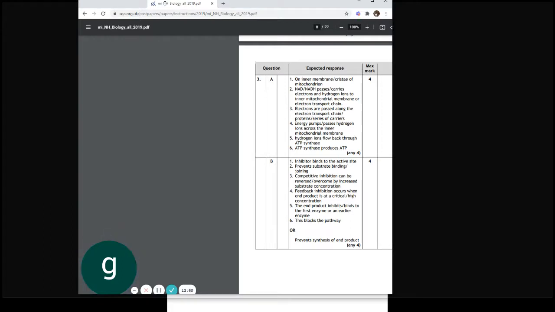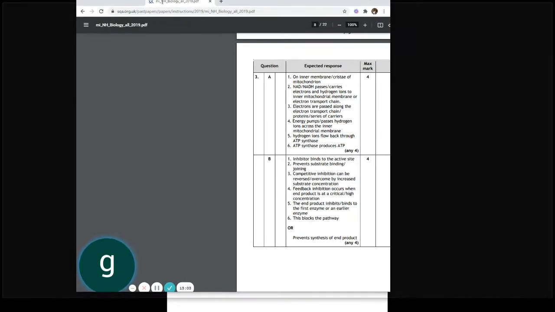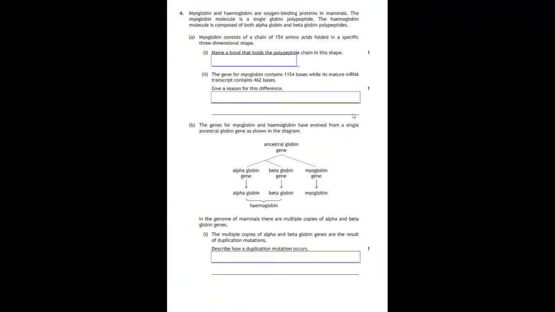Feedback inhibition occurs when end product is at high or critical concentration. The end product binds to the first enzyme or an earlier enzyme in the pathway. That's the 5th mark. 6th mark, this blocks the pathway or prevents synthesis of end product. So those are how you get those marks.